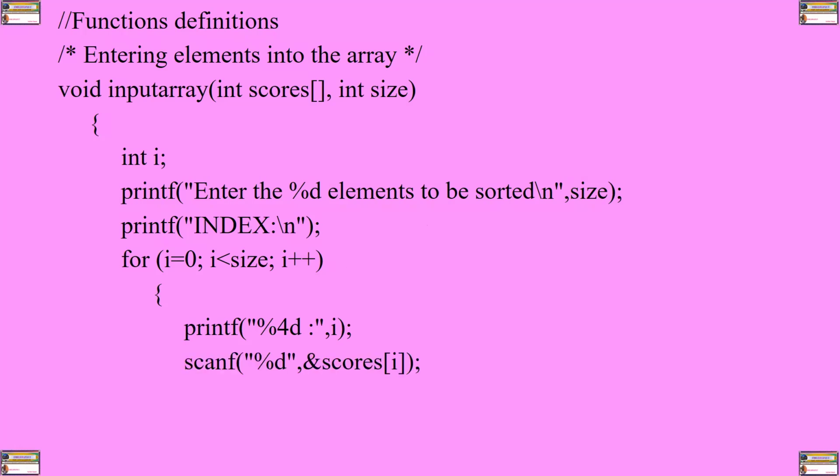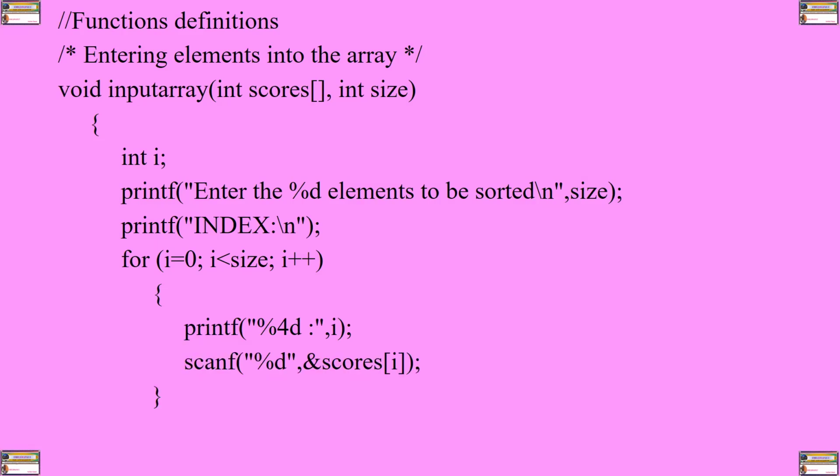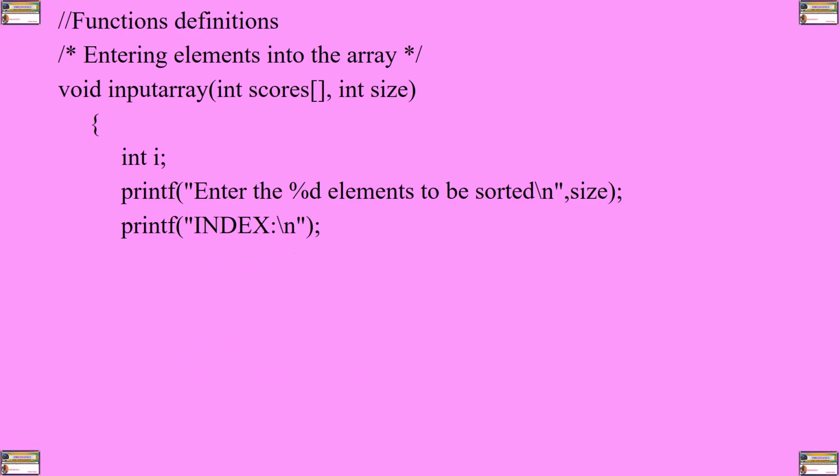And then the user will key in the next value, which is going to be stored in memory location scores 1. Then once this is done, the processor will go to the last part of this statement, that is I plus plus. It will increment the content of memory location I, check the condition, and that will continue until the value of I is not less than size.